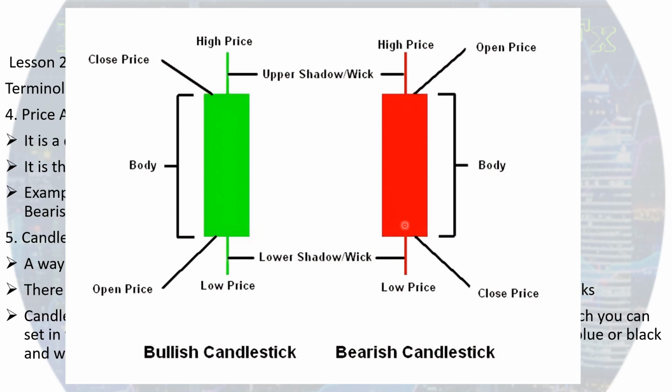This is your full body, so the open price should be on top, because something that goes down starts from the top. So here is where the candlestick closed, but it did not just close here. It attempted to go down to the lower price, but it has gone back, and then it has closed here when the 1 hour hits the mark, the 30 minutes hits the mark, any time frame that you are using. And this is the high price and the low price the candlestick has reached.